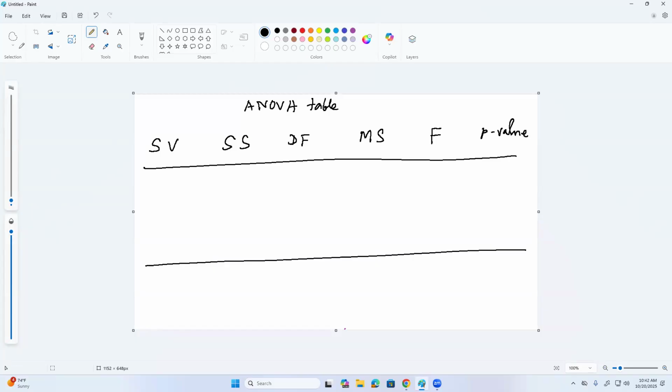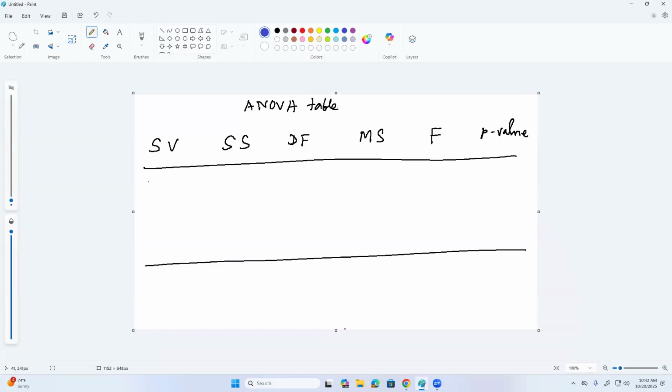That is 6 columns. And it will have 2 rows within the table and 1 row outside the table, so 2 plus 1, 3 rows.